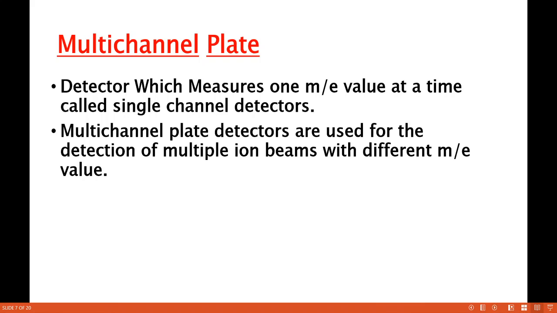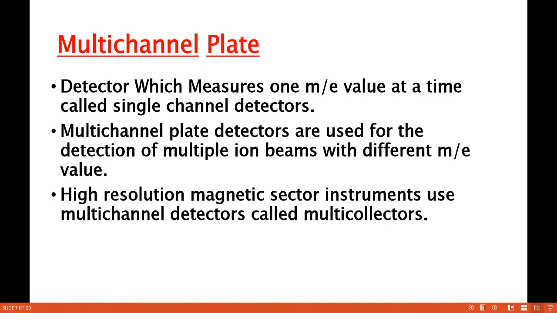So more than one m/z value is detected, hence the name multi-channel plate detector. High resolution magnetic sector instruments use multi-channel detectors called multi-collectors. So with this we finish the detectors which are used in mass spectrometry.